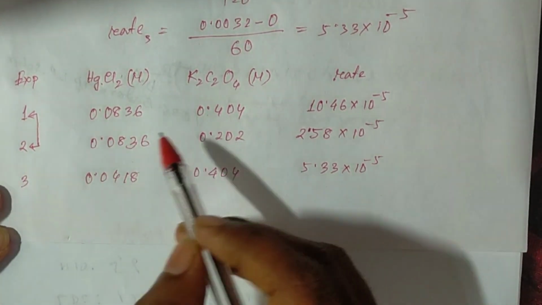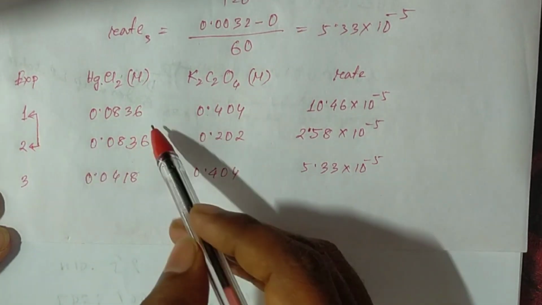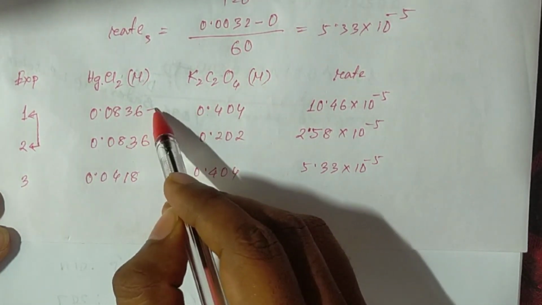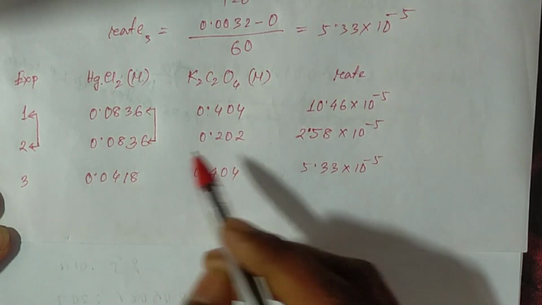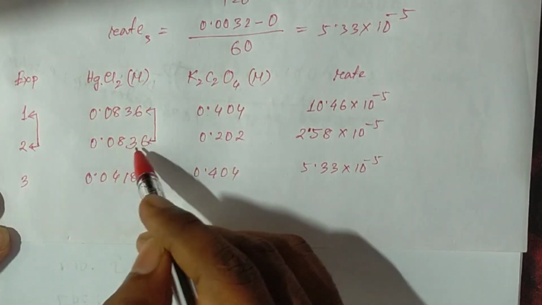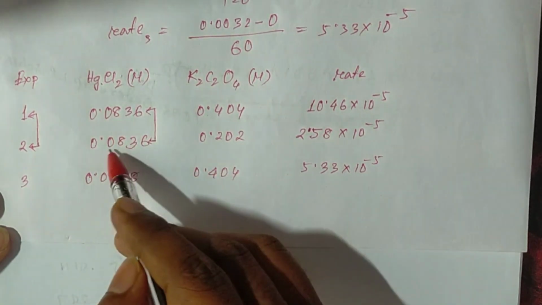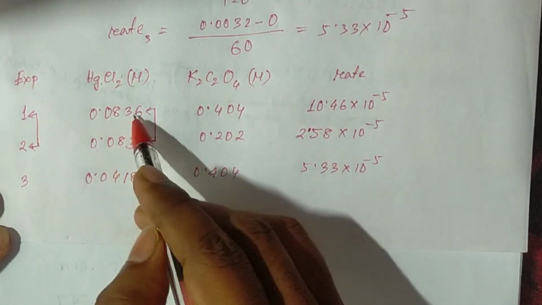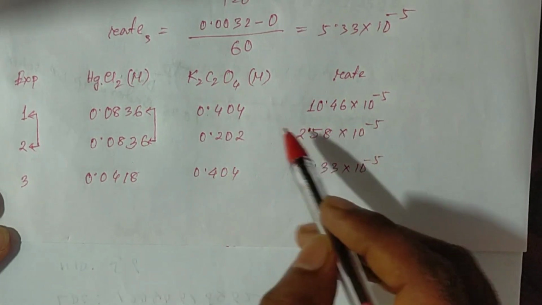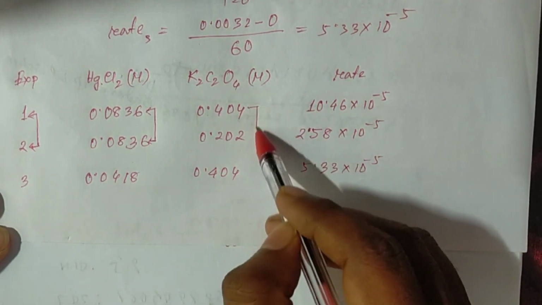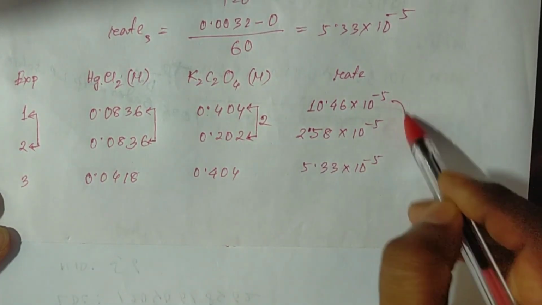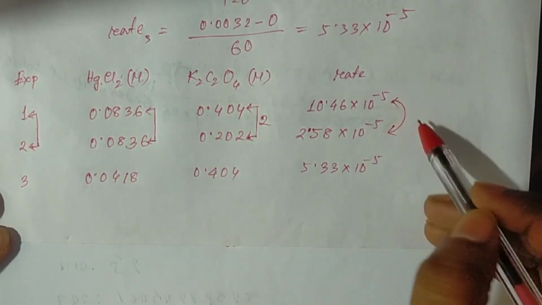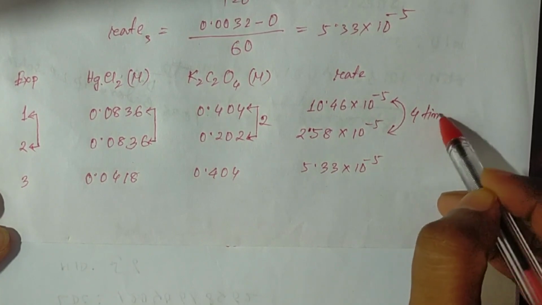You can see that the concentration of HgCl2 is the same, 0.836, while the concentration of K2C2O4 is double, and the rate is almost 4 times.